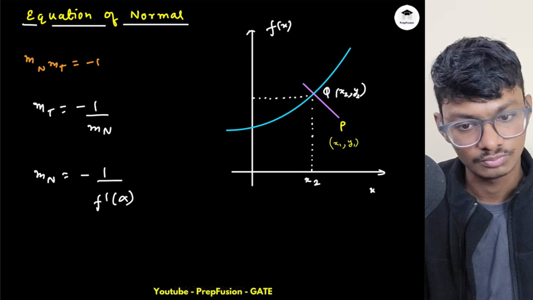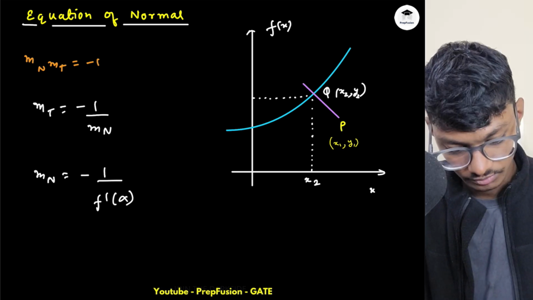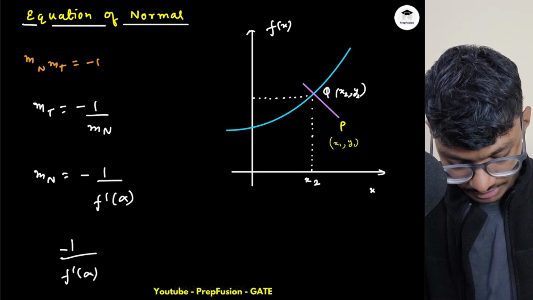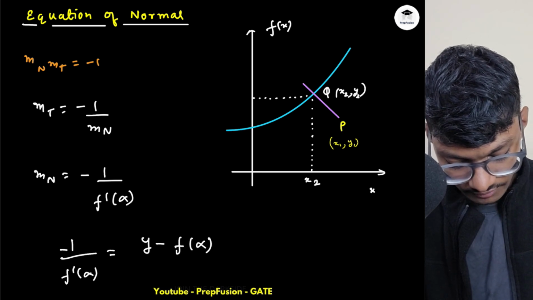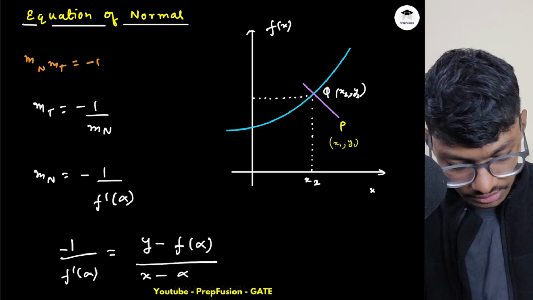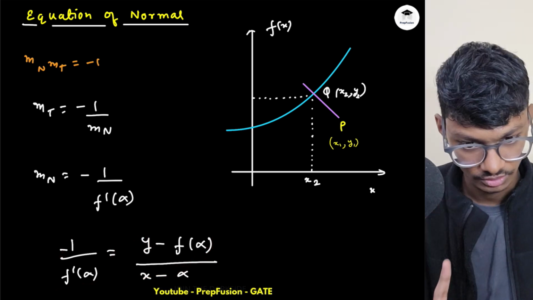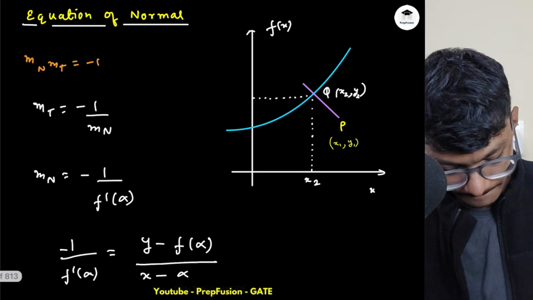So if my mn is -1 by f dash of alpha, I can write two equations. The first: -1 by f dash of alpha equals y minus f of alpha divided by x minus alpha, because x2 and y2 are the same points, so they will satisfy this equation.